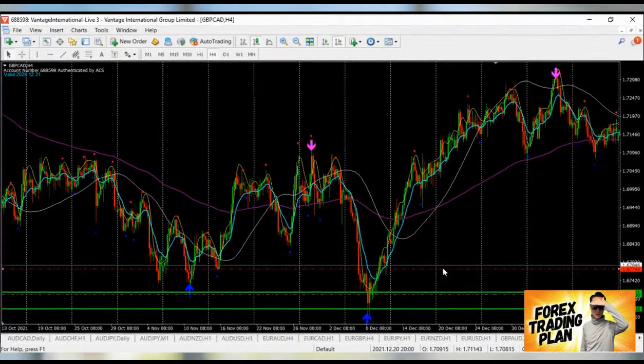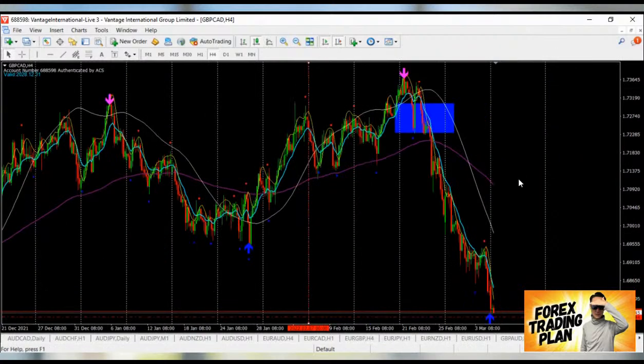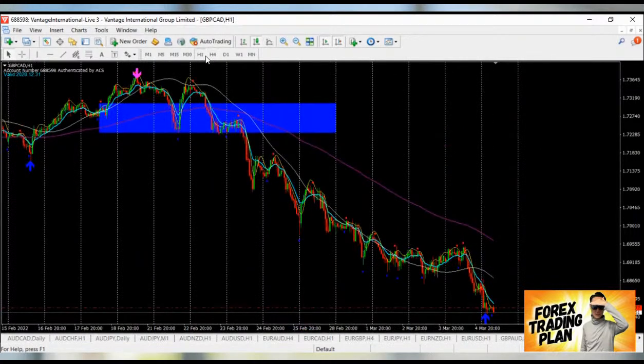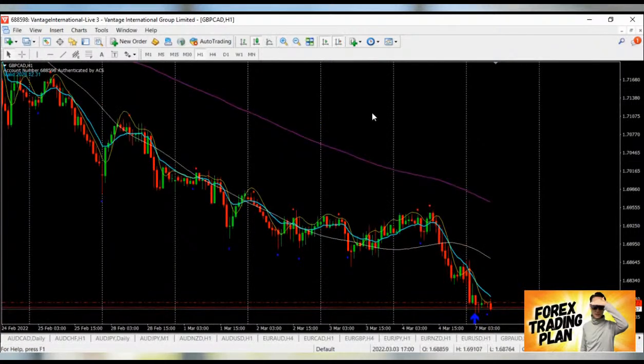Back on the other side, in the current situation, it may form a resistance up here, correct? The support becomes a resistance up here. So again we are on the resistance right now, and when we are on the resistance and it's not breaking, look out for a selling on pound CAD.